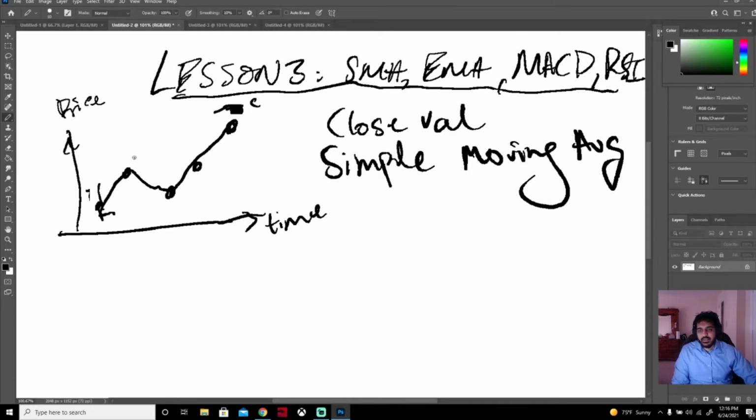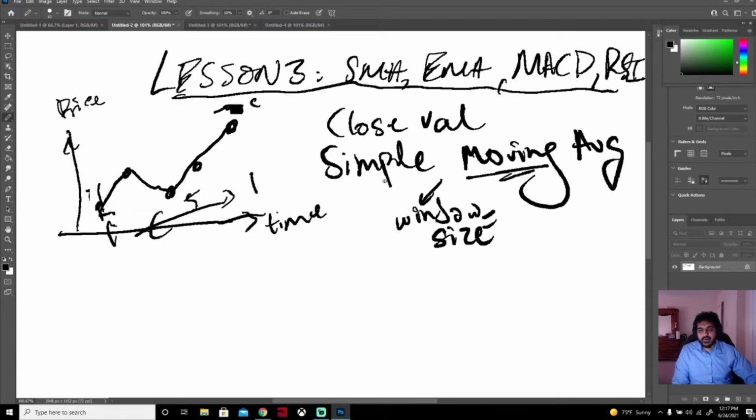You have to give this moving average a window size. So that window size here in this case, let's say is 5, because there are 5 elements. So window size is 5.